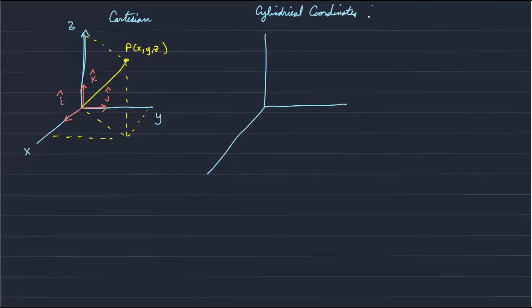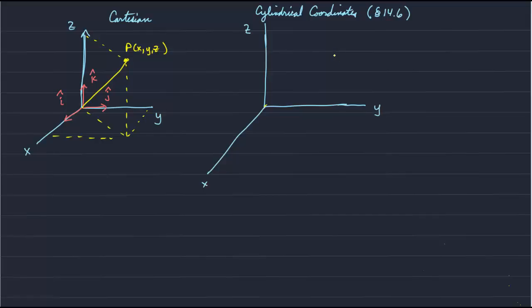And this is covered in Greenberg's text in section 14.6. So let's sketch our same point that's going to be represented in cylindrical coordinates.